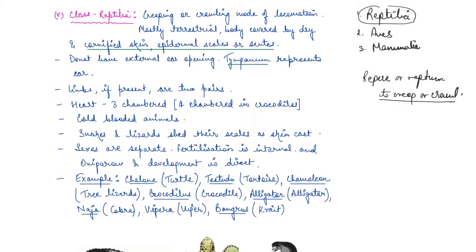Now limbs might or might not be present in all reptiles. If present, it is in two pairs. That is why they are tetrapods. Heart is three-chambered in most of the cases, except for crocodiles, where heart is four-chambered.